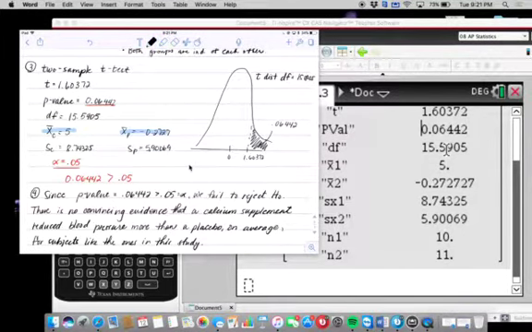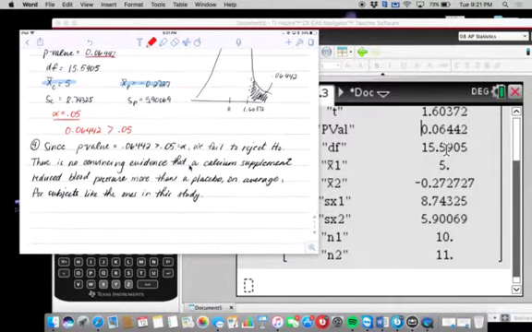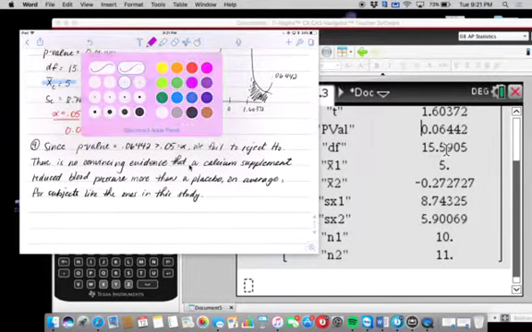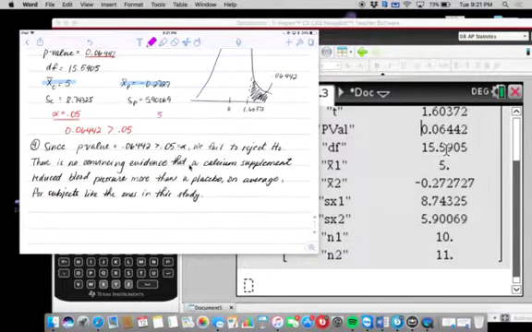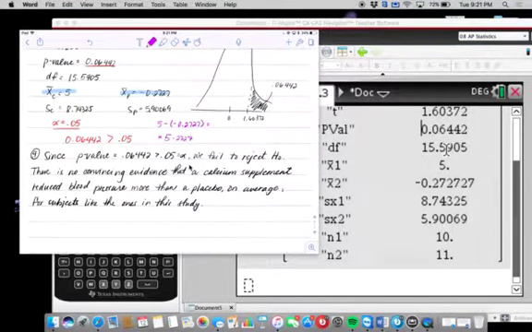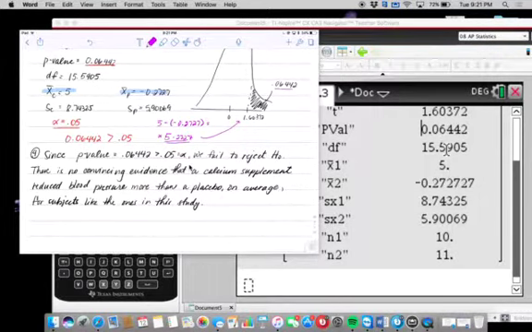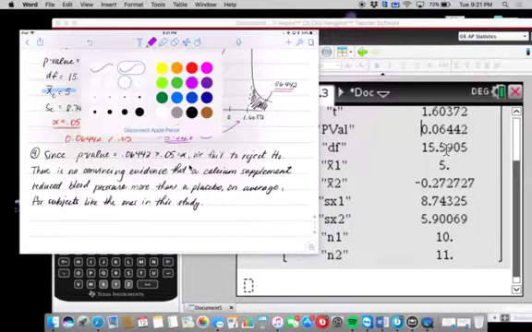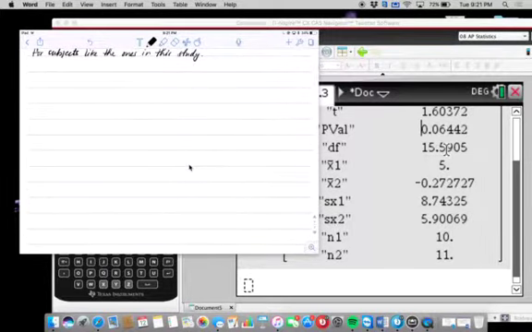Our null hypothesis takes the difference of these two means, so 5 minus negative 0.2727 is equal to 5.2727. This particular value is associated with this t-value. The probability of us getting this particular difference, given that the null hypothesis is true, is 0.06442. That's exactly what we're going to write in part B.